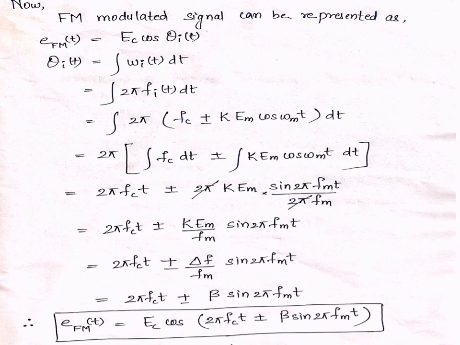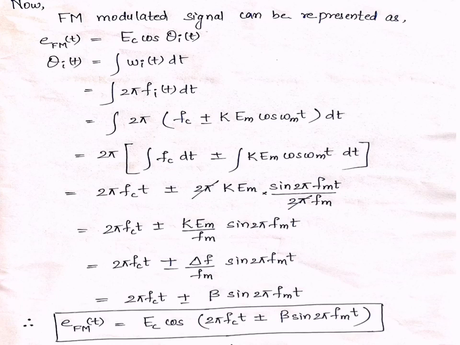Here kem, that is your maximum frequency deviation, as we have seen in our previous slide, can be written as delta max or delta f. So I have placed delta f in place of kem. Now your equation becomes 2 pi fct plus minus delta f divided by fm sin 2 pi fmt.